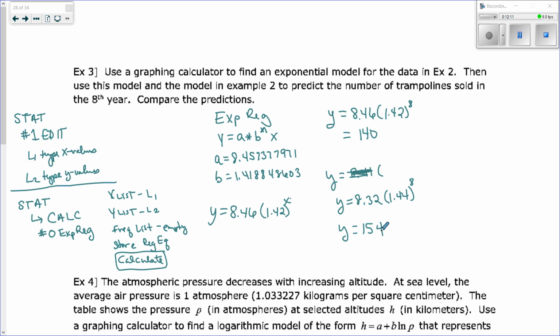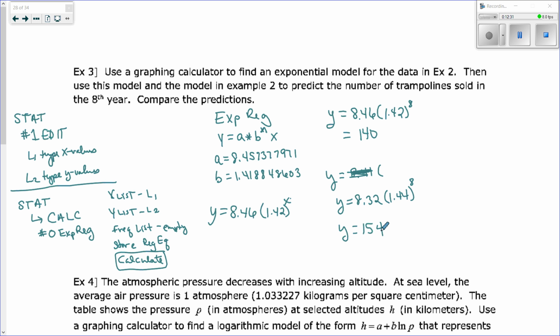Your regression model is going to give you a little bit better predictor than your actual data points will give you, because the regression line is taking everything into consideration in between those points, where your data points are basically like finding the average rate of change, kind of like finding the slope, I guess, if you want to call it that.